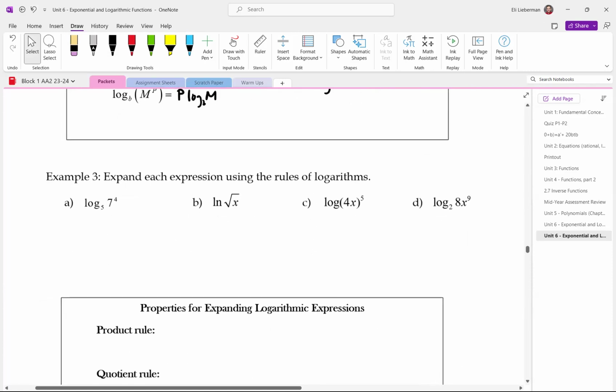I'll give you time to do all 4 of them. And then if it was like a cube root, it would be 1 there.